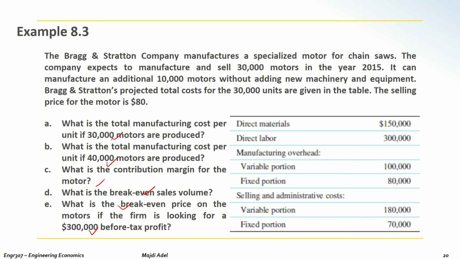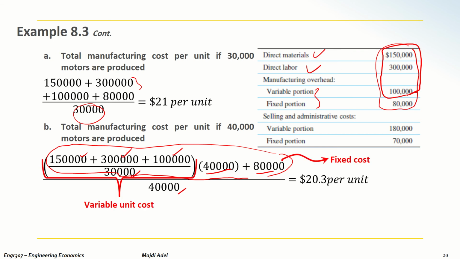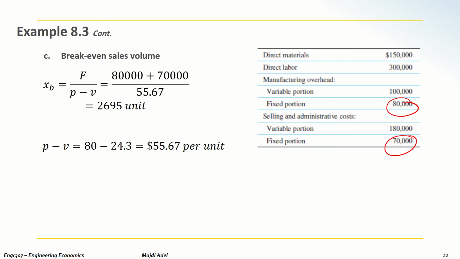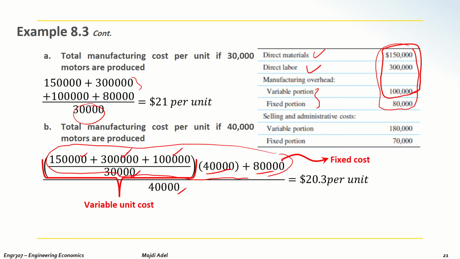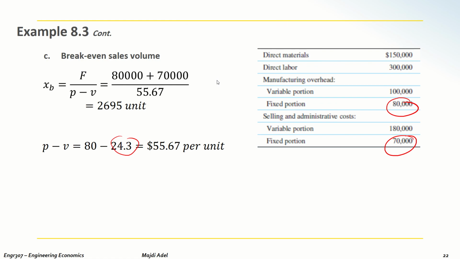The selling price is $80, minus 24.3. From where did we get 24.3? It is the variable cost per unit.